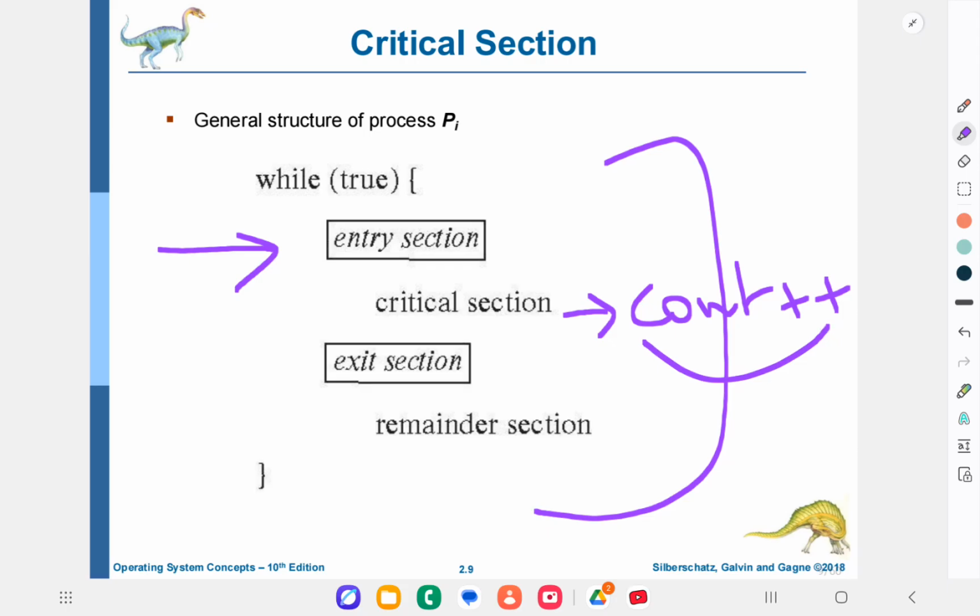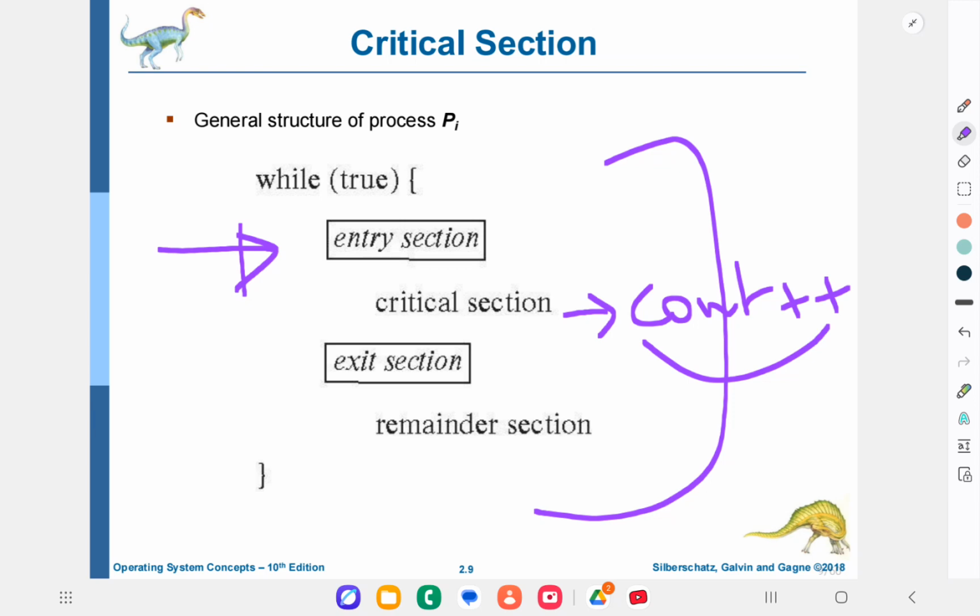This is what we want to allow only one process to access at a time. To do that, we start with an entry section where each of the concurrent processes requests access to the critical section. They are announcing that they're ready to enter the critical section, and they are requesting permission, okay?